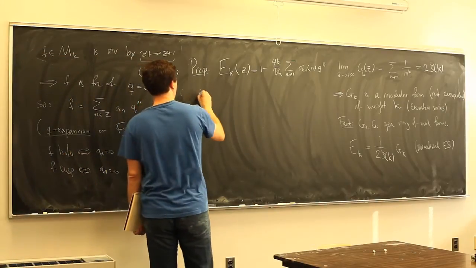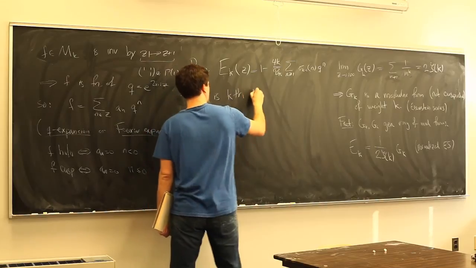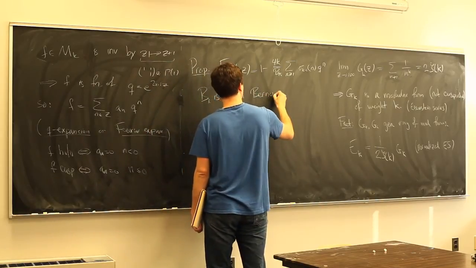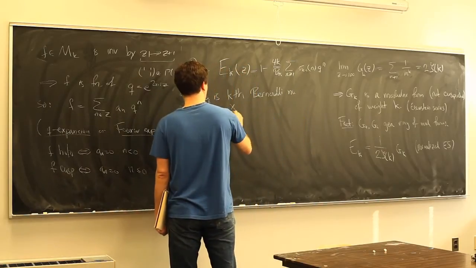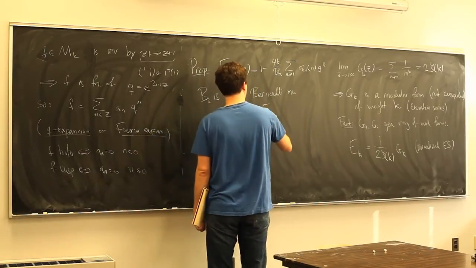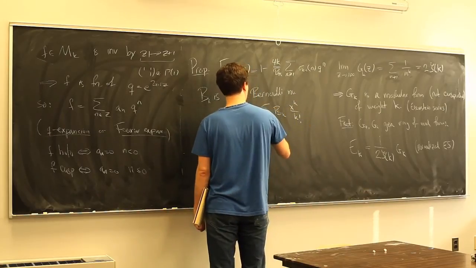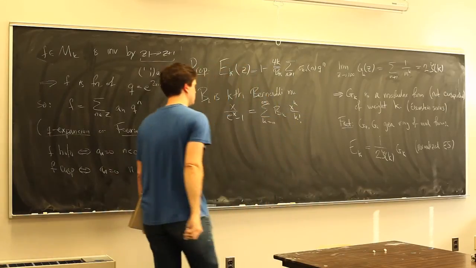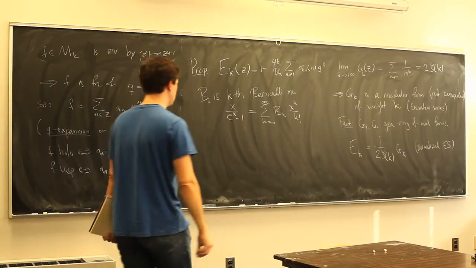So here, b is the Bernoulli number. And that's defined by x over (e to the x minus 1) is the sum of b_k x to the k over k factorial. And this sigma guy is the sum of divisors function.